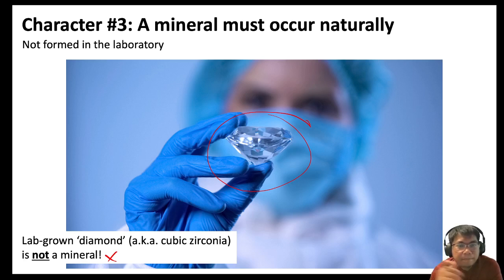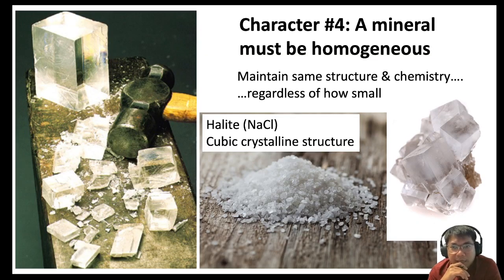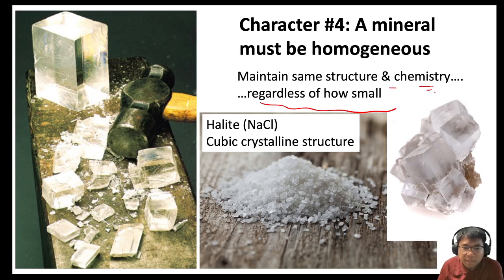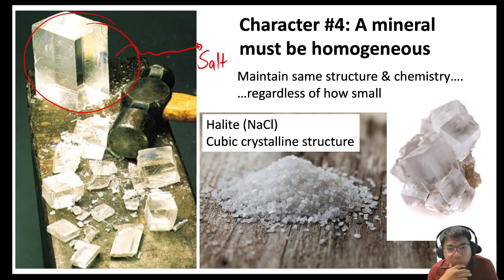All right, the next one is that a mineral must be homogeneous. So what do we mean by homogeneous? What we mean is that all minerals will maintain the same structure and chemistry regardless of how small they are. For example, here I have a cube of halite. If you don't know what halite is, it's something you eat every day. This is table salt, which we consume every single day.